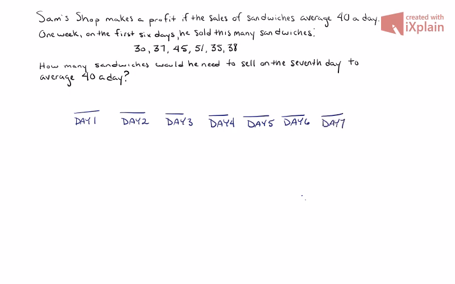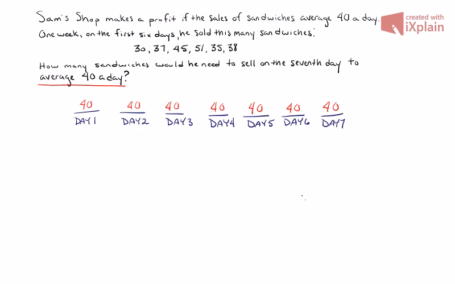If we are saying that we are averaging 40 sandwiches a day, we're saying that ideally we're literally selling 40 a day. This is what happens when you move everything into this math world as opposed to the reality.